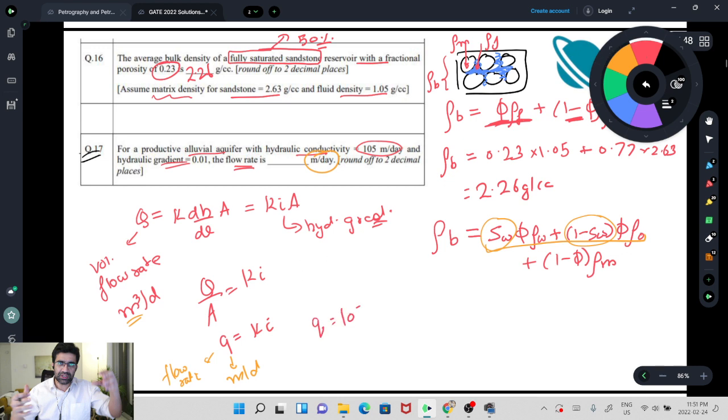So 105 meter per day is given to you. Okay, and I is dH by dL. H is height, L is also length, so the units cancel, and you have a unitless quantity. So that is why hydraulic gradient is 0.01, which is unitless. So the correct answer that you will get here will be 1.05.